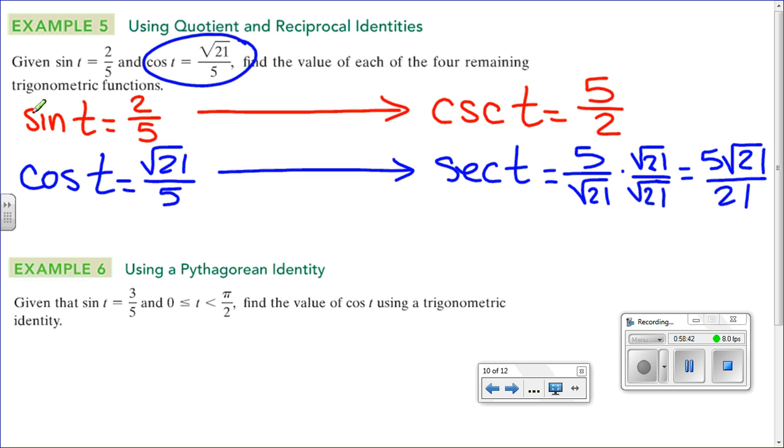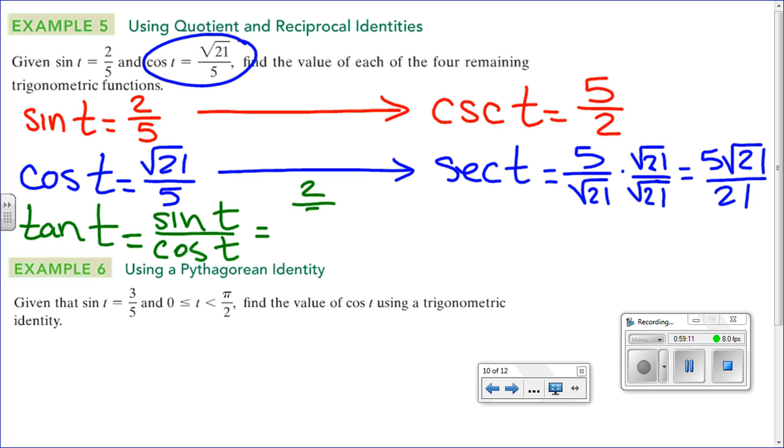Okay. And then finally, tangent. We're using, actually I should write this, the quotient identity, that is the sine over the cosine. So that will be 2 over 5 divided by square root of 21 over 5.